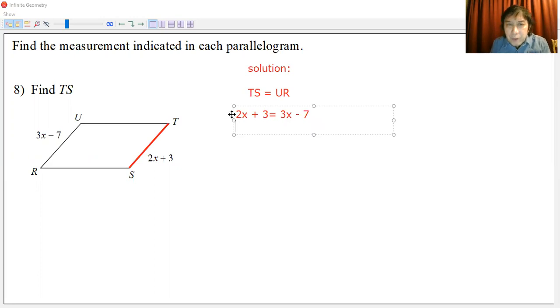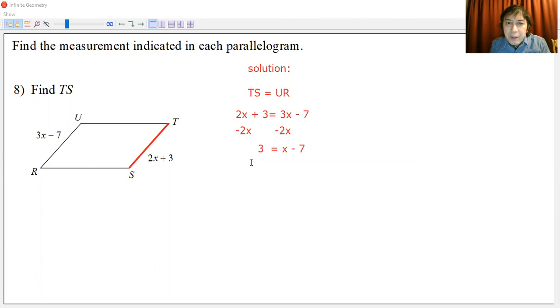Here's our working equation. We shall start by way of subtracting the smaller 2x, minus 2x. And then our next line will be, for the left side, we will only have 3. The right side, we will have now just x minus 7. And then next, we will continue by way of addition property.